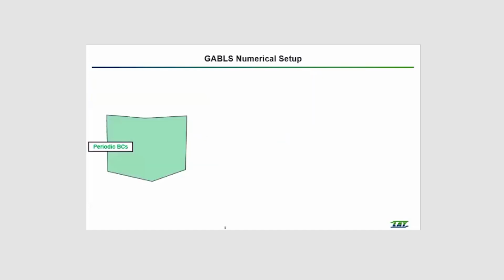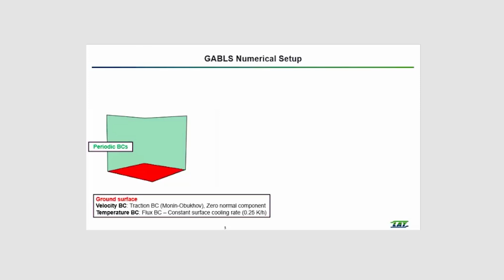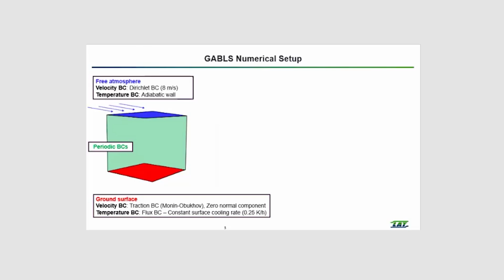Now on to the computational domain, which, as I mentioned, is a cube with a side length of 400 meters in each dimension. For the lateral sides of the cube, we have periodic boundary conditions. For the ground surface, we have a traction boundary condition for the velocity, according to Monin-Obukhov similarity theory, and the zero normal-to-the-ground velocity component.